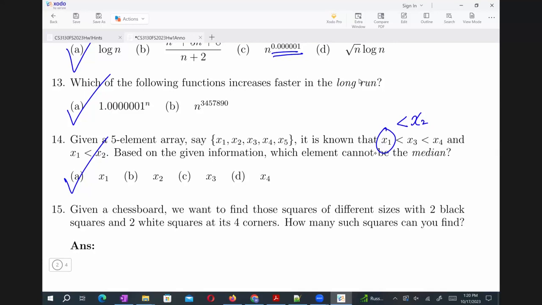The median can only be less than at most 2 and greater than at most 2. It is the median of 5, right? 2 less than the median, 2 greater than the median. So the median can only be less than at most 2. But here x1 is less than 3. At least 3 can be eliminated this way.